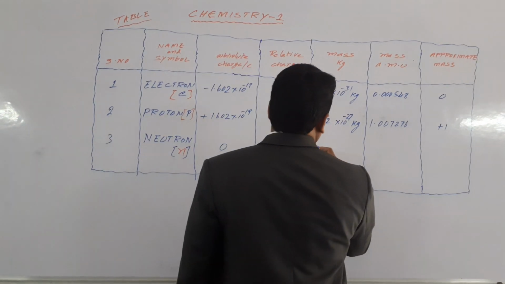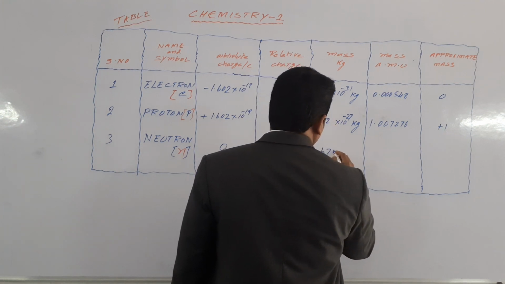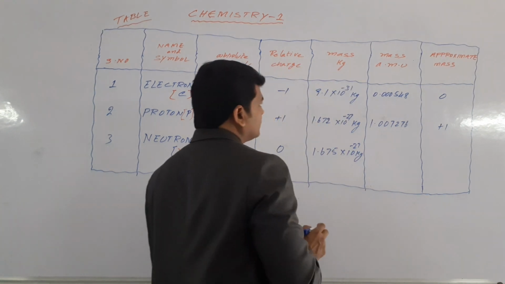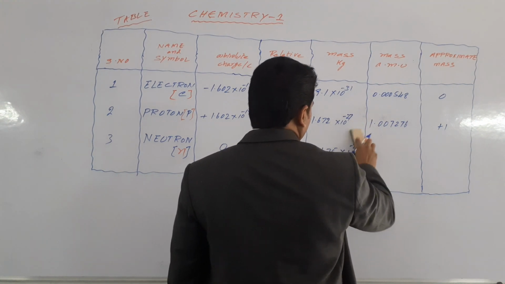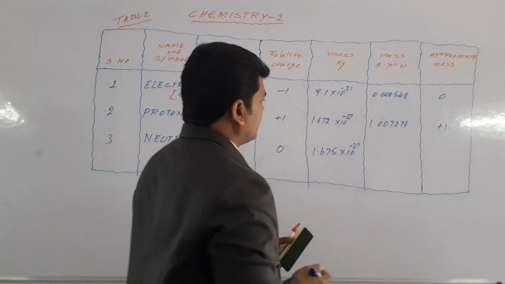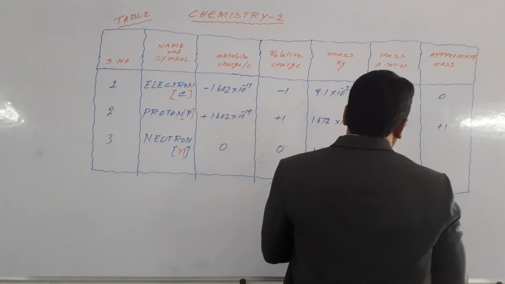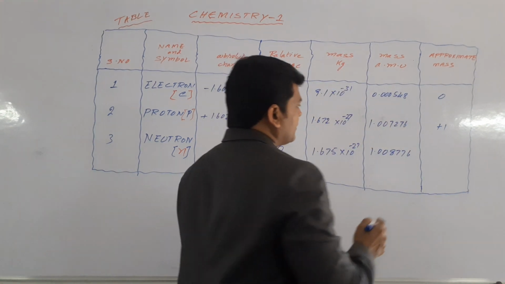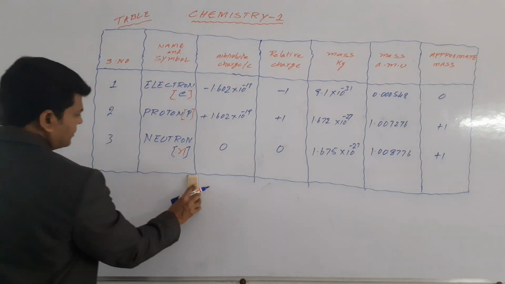Then mass is slightly higher than proton mass, 1.675 into 10 power minus 27 kg. Already mass is given in kgs here, so no need of writing kgs. Its mass is 1.008776 AMU. Neutron approximate mass is nothing but plus 1.